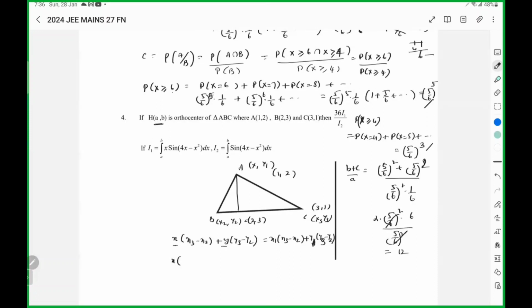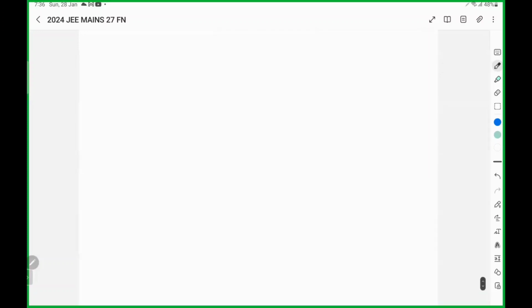x into the difference of x coordinates, 3 minus 2, y into, this in place of x y the third vertex, 1 minus 4, that is x minus 2y is minus 3.